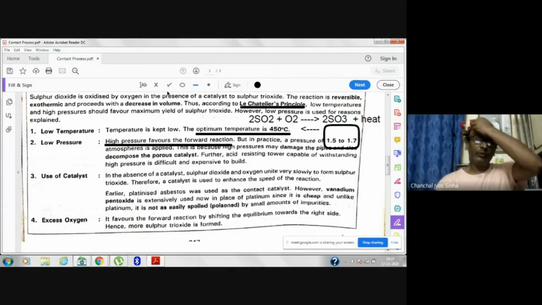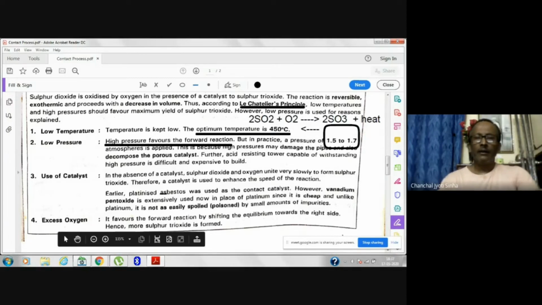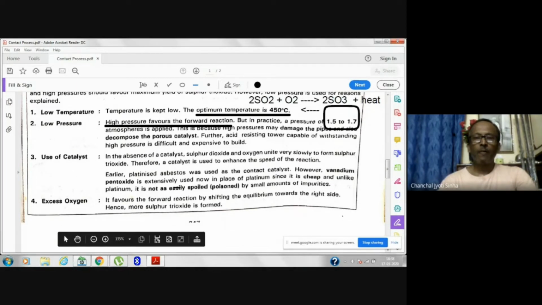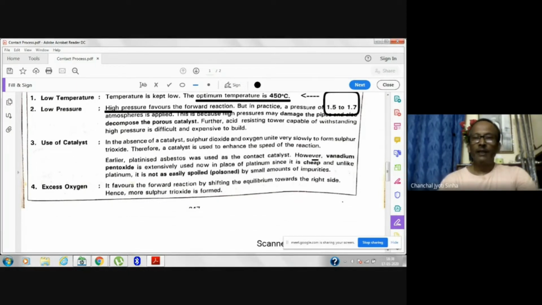Catalyst used in this reaction may be either platinum or vanadium pentoxide. Earlier, platinum asbestos was used as catalyst.